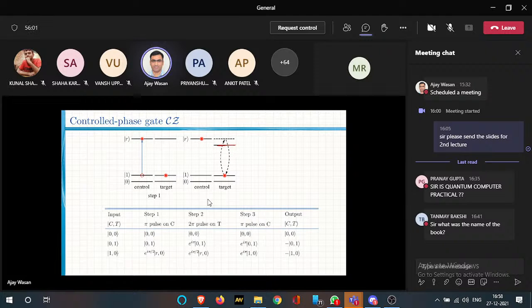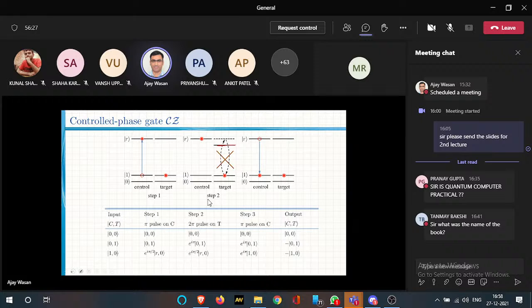It will go and come back. So that phase change I was showing here will not happen. In the last step, applying one more pi pulse here, it will come back, and this state will obviously go back.